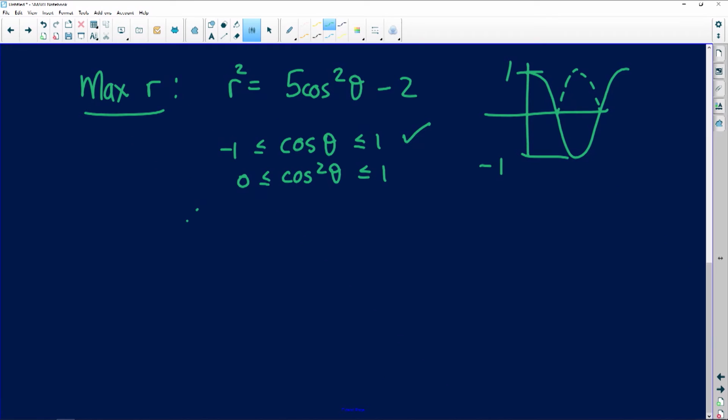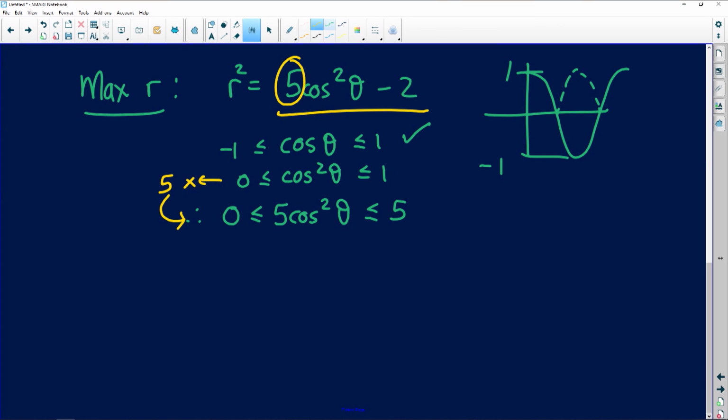How do I make a cos squared a 5 cos squared? I multiply by 5. What I do to one side, I need to do to the other side. So therefore, 5 times 0 is still 0, is smaller than 5 cosine squared theta, which is smaller than 1 times 5, which is 5. So I actually brought this in by multiplying with a 5 and I got my next line.